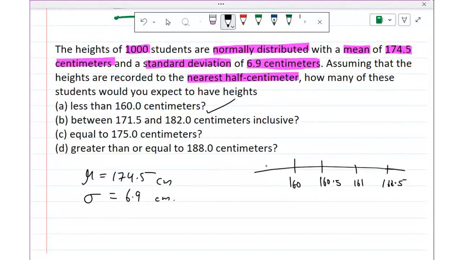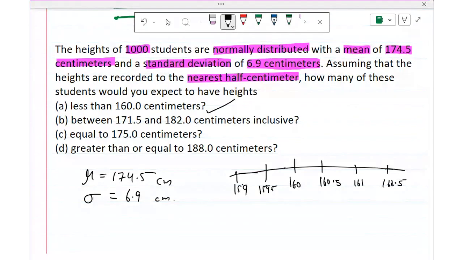What will be the number before 160 centimeters? The number before 160 they have recorded is 159.5, and before that 159, because they are recording height to the nearest half centimeter. So this phrase is important here.